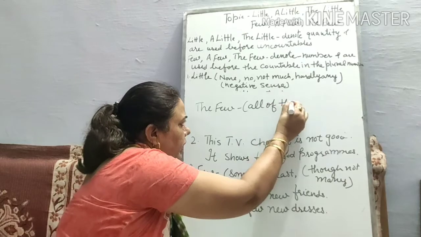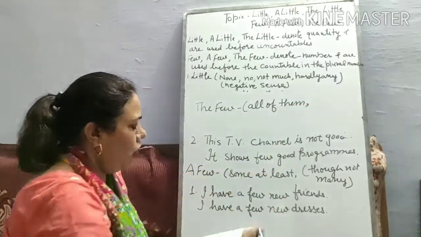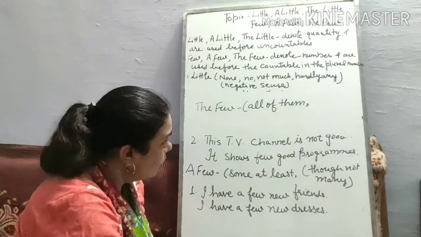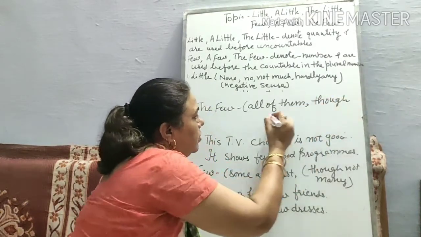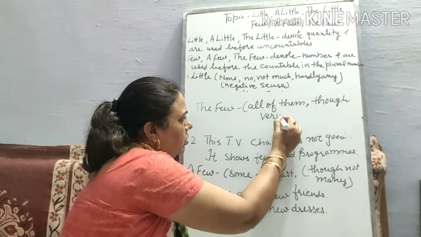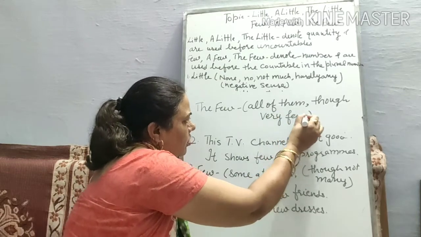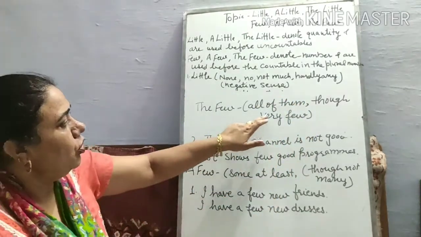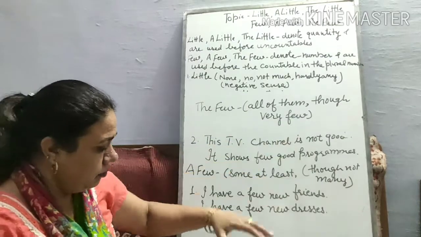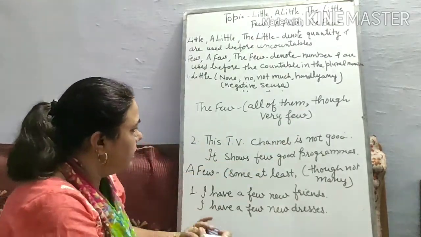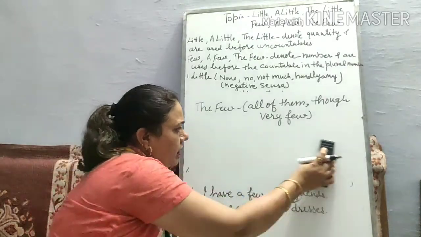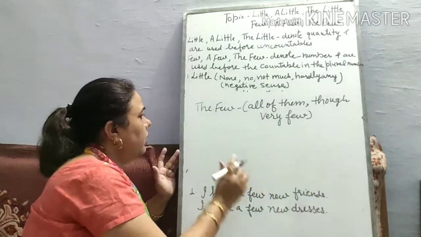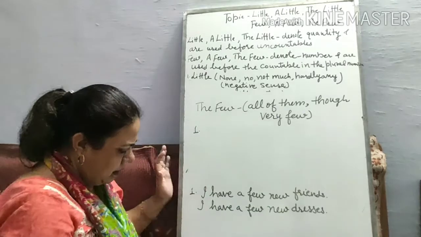It means there were many, all of them, though very few. It means the number is very less.